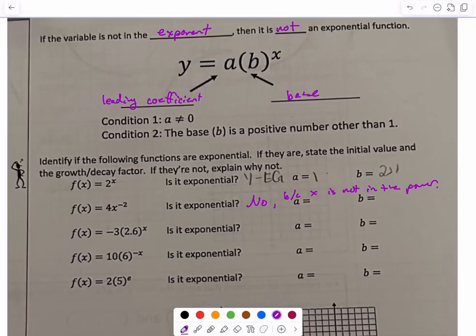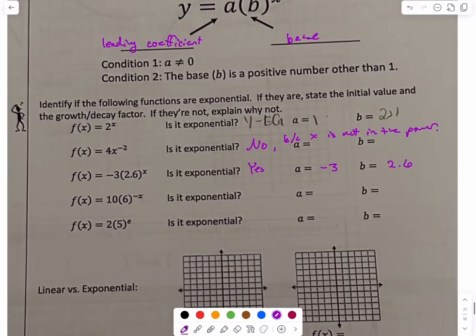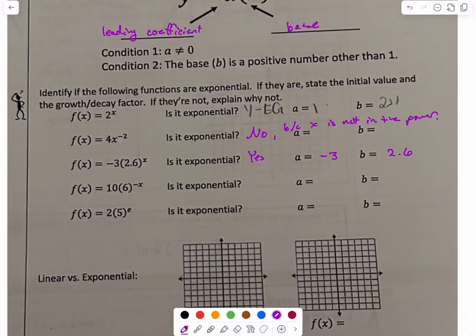Okay, exponential, I would say yes. Our leading coefficient, initial value, is -3. Base is 2.6. Exponential, yes. Initial value is 10.